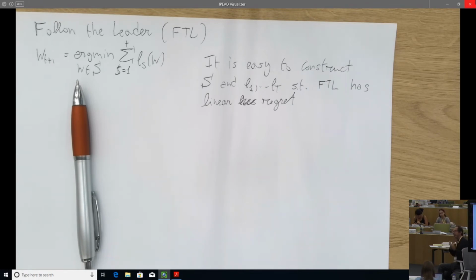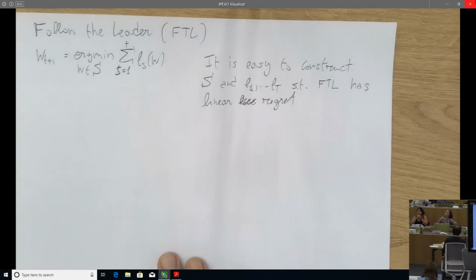You can only learn to the extent that your algorithm is stable. And this stability, if you like, is protection against overfitting in statistical learning, and protection against linear regret in online learning. So how can we make the algorithm stable?